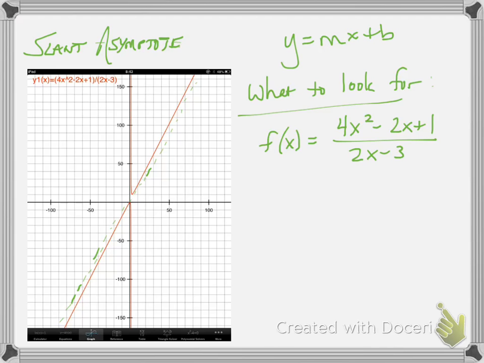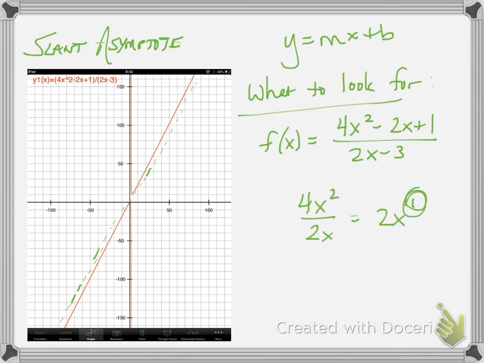So in this case, the degree on top is one higher than the bottom. And we know right from that there will be some type of a slant asymptote. Why? Well, because if you just divide 4x squared by 2x, you get something to the first power. And there you go. There's the part of the equation that we're looking for, y equals mx plus b.